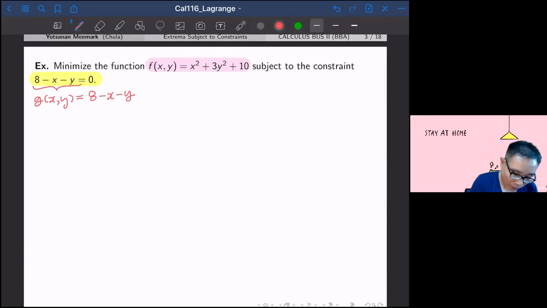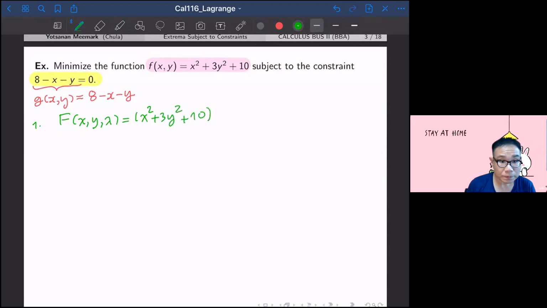And you will have to form an auxiliary function. So it's going to be the capital F(x, y, lambda) equal to x squared plus 3y squared plus 10, plus lambda times (8 minus x minus y).